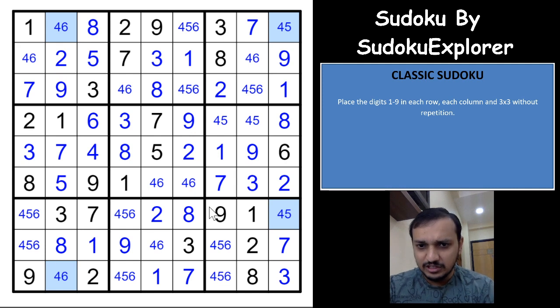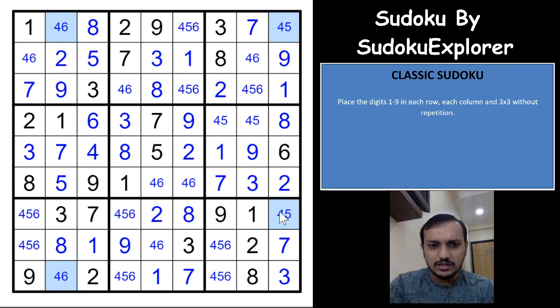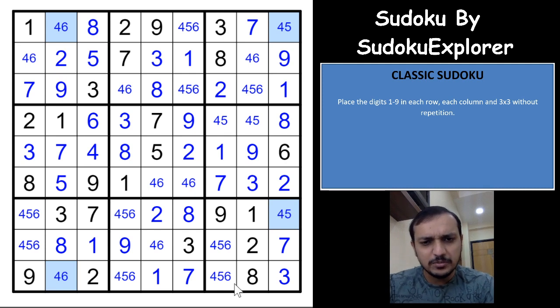But you have different rows in these two columns in the second cell, that is row 9 and row 7. So you'll have to eliminate cells that see both of these two cells simultaneously, that is this cell and this cell.